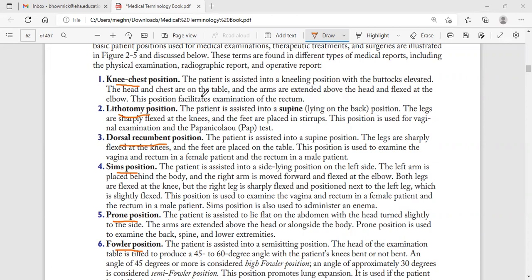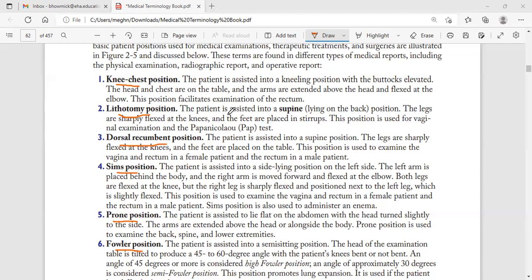This position facilitates examination of the rectum or pelvic organs. The NCLEX board sometimes asks, knee chest position is good for what? For rectum exam. Sometimes knee chest position is good if a pregnant mother's baby has asphyxia or hypoxia.